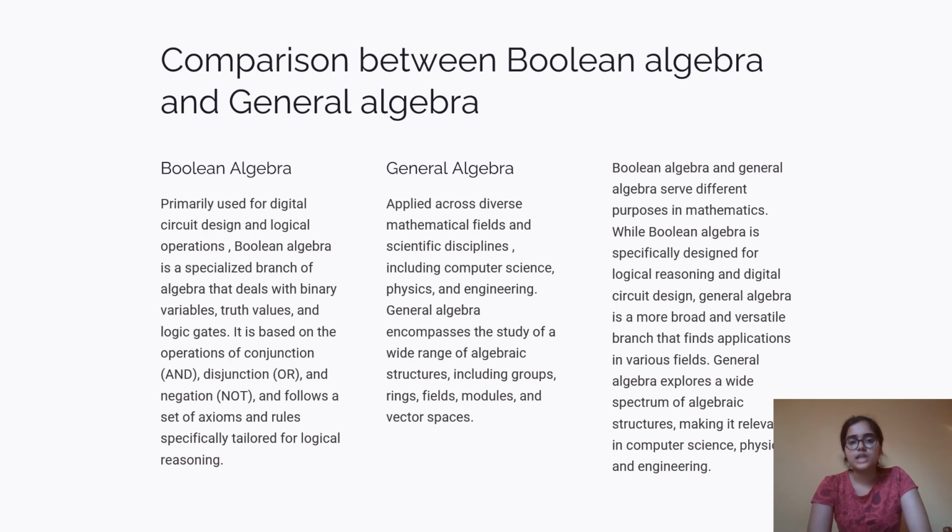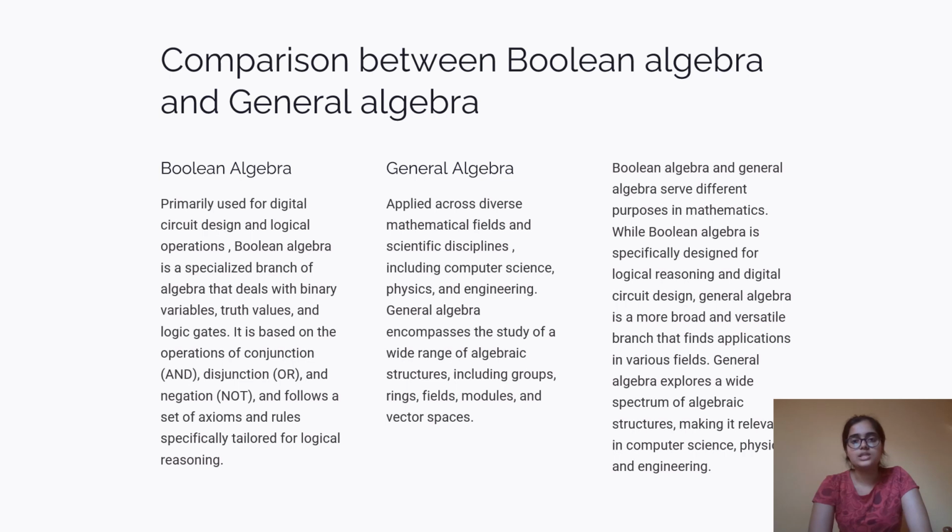Second is general algebra, applied across diverse mathematical fields and scientific disciplines, including computer science, physics, and engineering. General algebra encompasses the study of a wide range of algebraic structures, including groups, rings, fields, modules, and vector spaces. Boolean algebra and general algebra serve different purposes in mathematics.